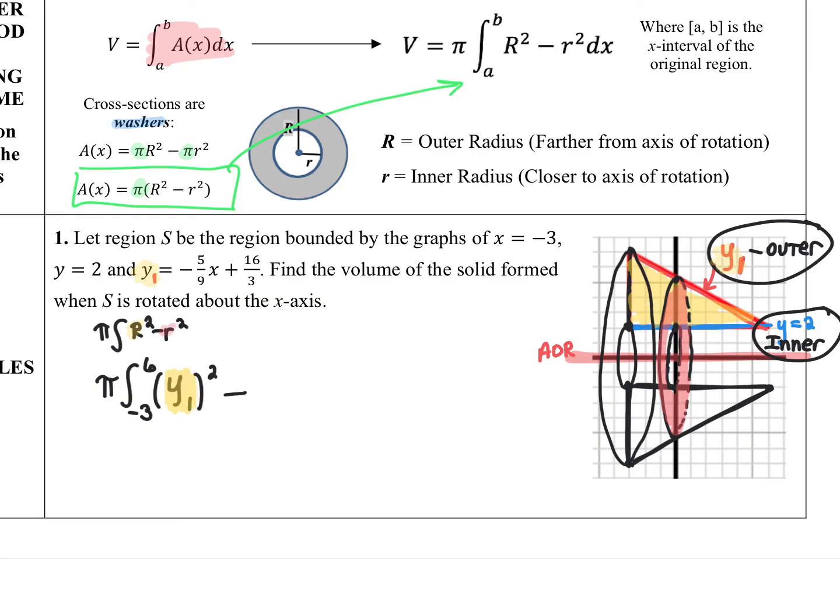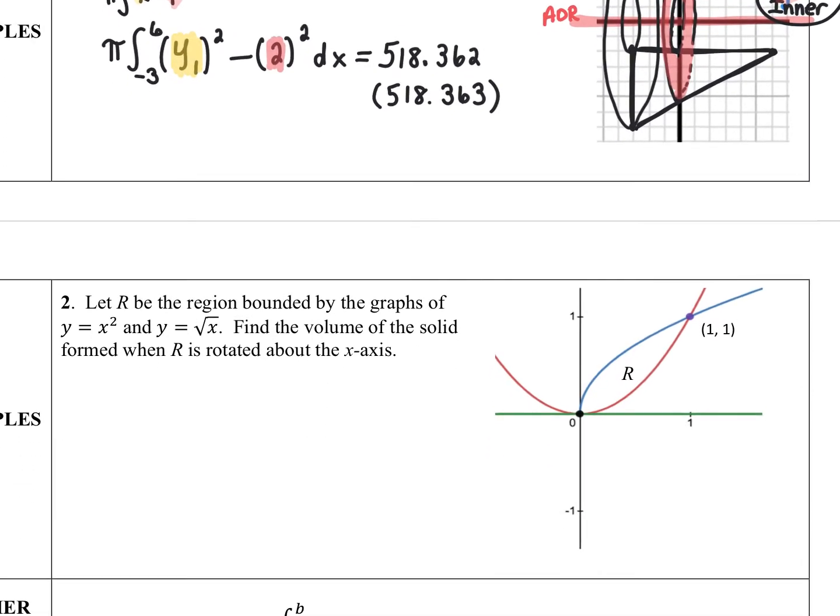My inner radius, my lowercase r, is this y equals 2 that's rotating on the inside. And on my integral setup, it's pi, outer radius squared minus inner radius squared, and putting that into the calculator gives me 518.362 as my truncated answer, or 518.363.